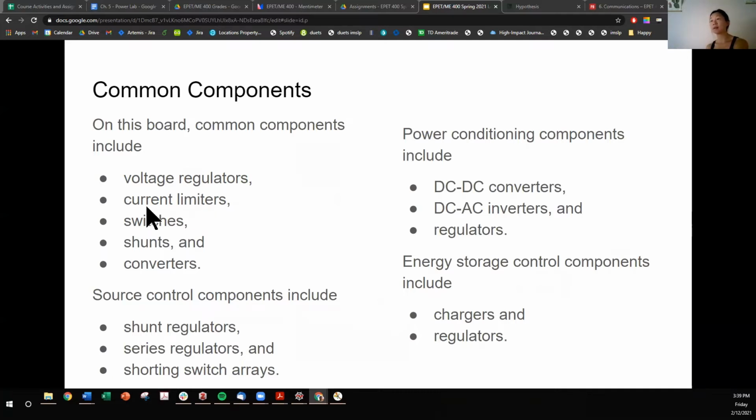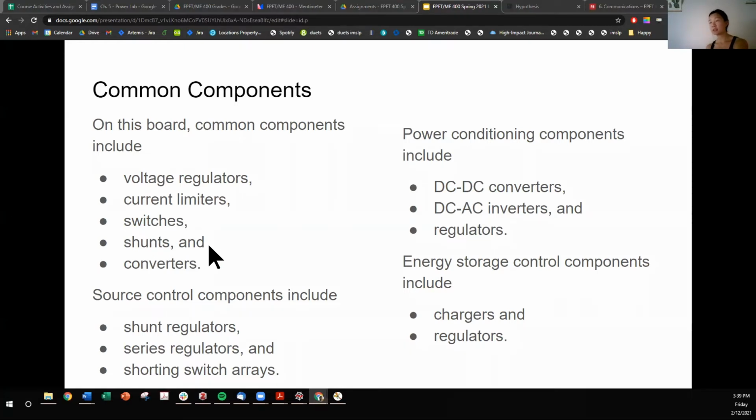If you are worried about the amount of current that something is receiving, there are things called current limiters that protect the downstream component from a surge of current that can permanently damage the component. Switches toggle voltage or current between 0 and whatever maximum.